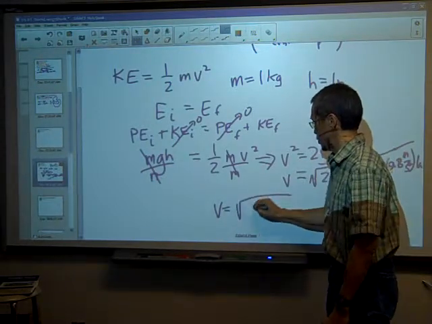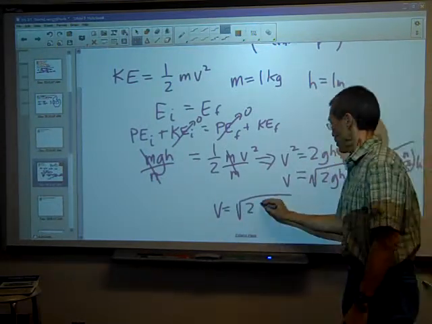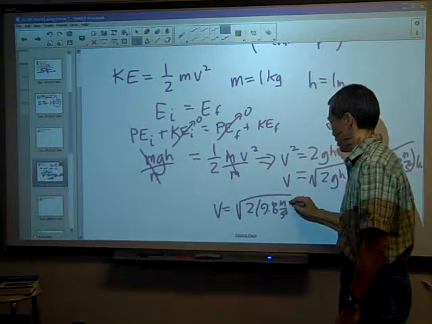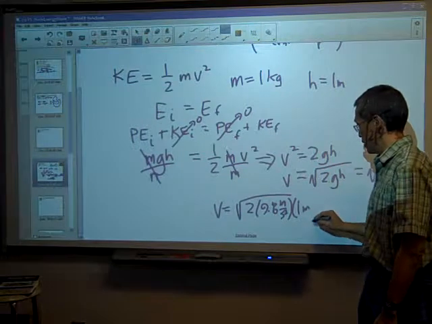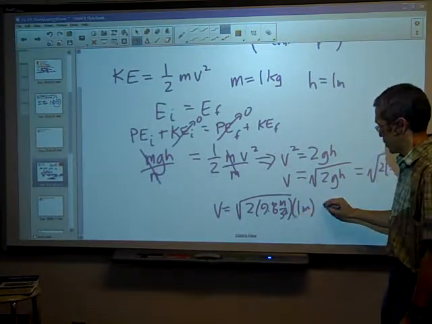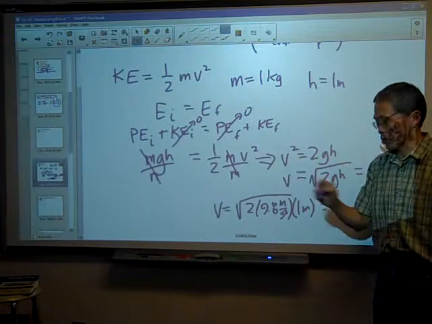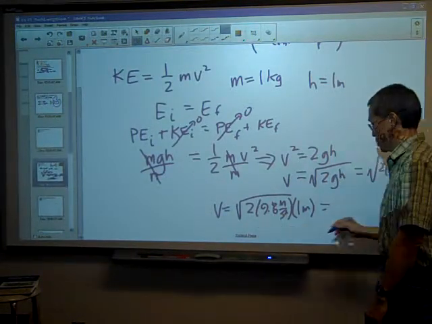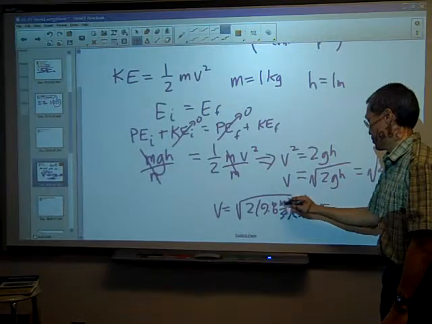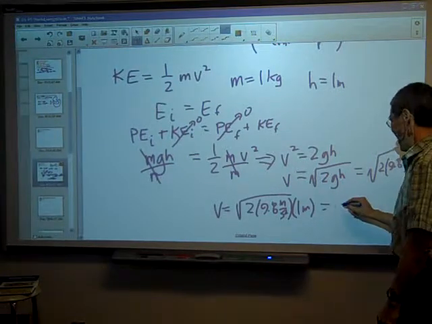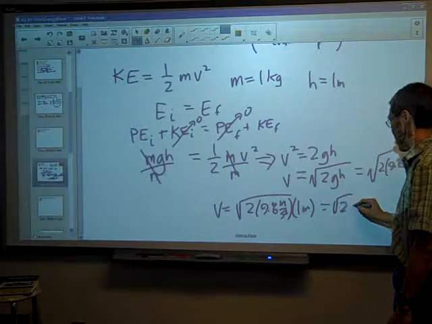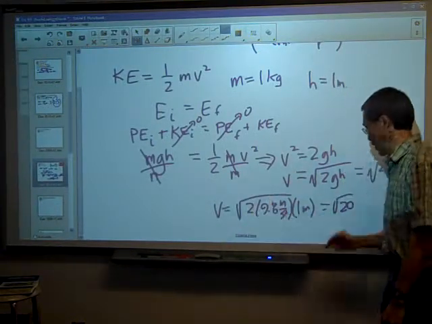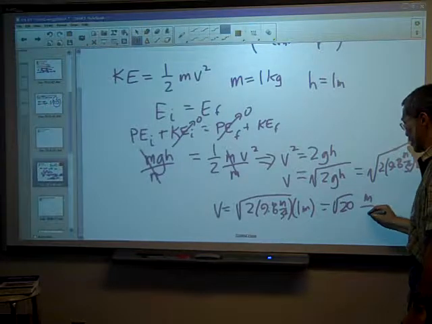Square root of 2 times, let's write out again, 9.8 meters per second squared times 1 meter, is, whatever that is, square root of 20 meters per second. Does that look right? Okay, so whatever that number is, square root of 20, it's meters squared per second squared, or square root of that, so that's going to be just meters per second.